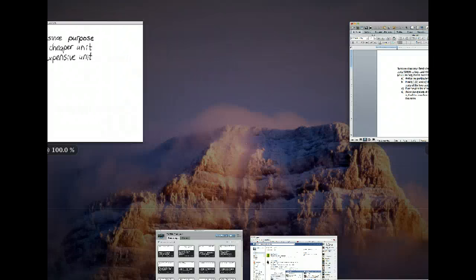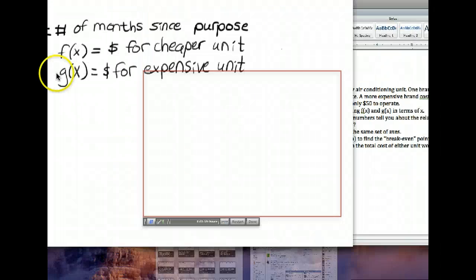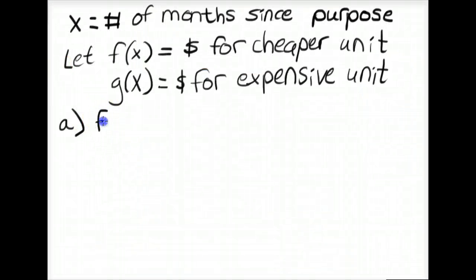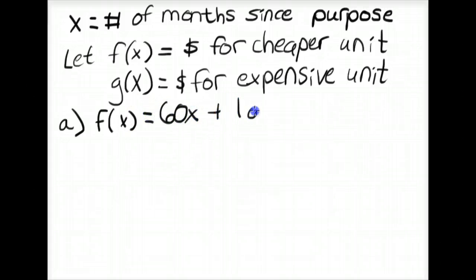So the total cost for that cheaper unit is going to be written as f of x equals 60x plus 1800. The $1,800 comes from the amount at original purchase, like at time 0 basically, before you've been operating it, and then it's going to cost $60 additional per month.